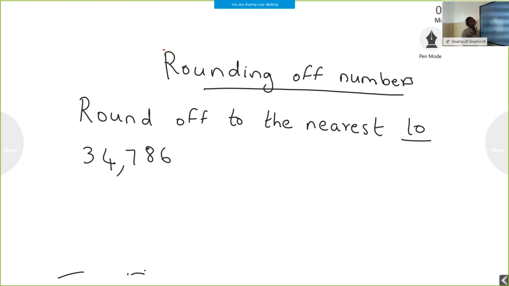For rounding this number to the nearest 10th place, since this one is to round off to the nearest tens place, you just underline the tens place.